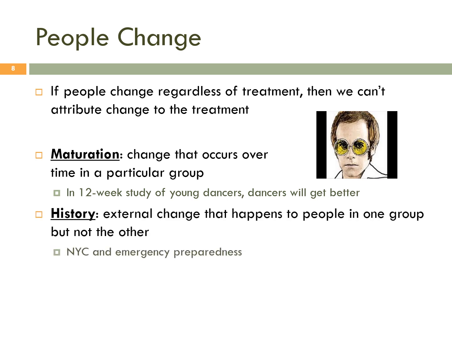It also might be that there are external events that might affect how people perform and how people change, and this is known as history. For instance, in New York City in 1999 and 2000, maybe there was a little bit of emergency preparedness, but then something major happened in New York City around 9/11, and that's going to, of course, affect people's mentality, and suddenly an entire group of individuals might act a lot different.